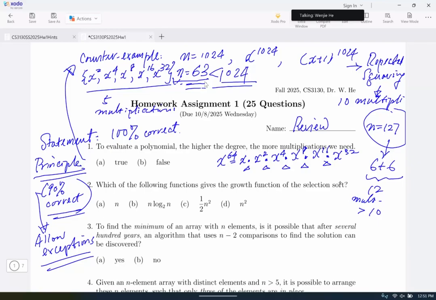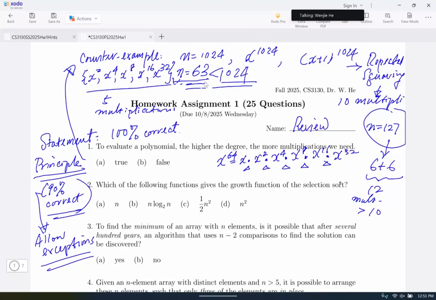Try to understand. In different situations, you need to consider whether we use this statement as a principle or not a principle, as a proposition. A proposition is something we can prove is correct or not.